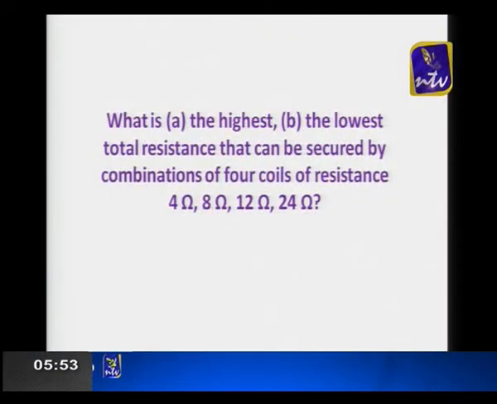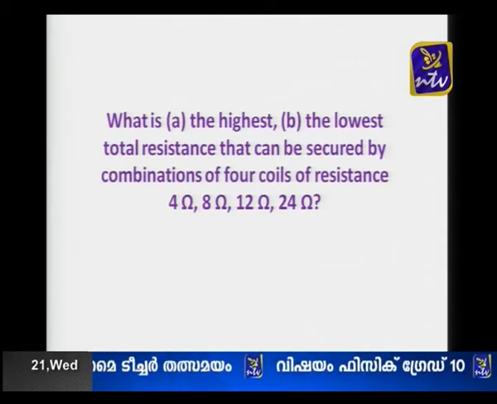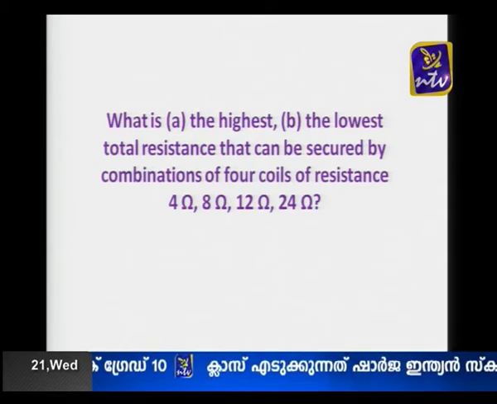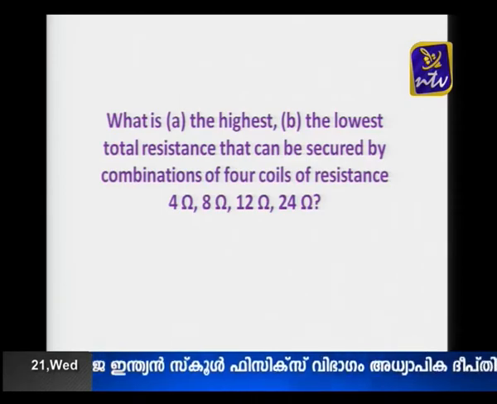What is the highest and the lowest total resistance that can be secured by the combination of 4 coils of resistances, 4 ohm, 8 ohm, 12 ohm and 24 ohm? Now, let us find out how we can solve this question.